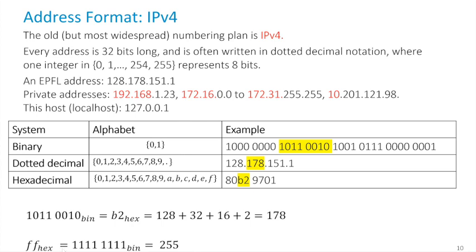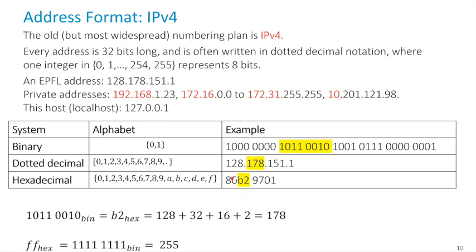So this is 0 plus 1 times 2 plus 0 times 2 to the power 2 plus 0 times 2 to the power 3, etc. It's a bit painful, but we interpret that as a number, and if we expand it, 2 plus 16, which is 1 times 2 to the power 4, plus 1 times 2 to the power 5, plus 1 times 2 to the power 7, that gives 178. So instead of writing this list of 8 bits, we write 178, which is, for example, this block here.